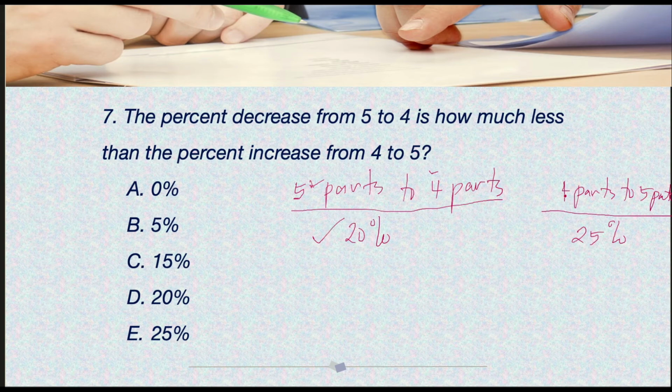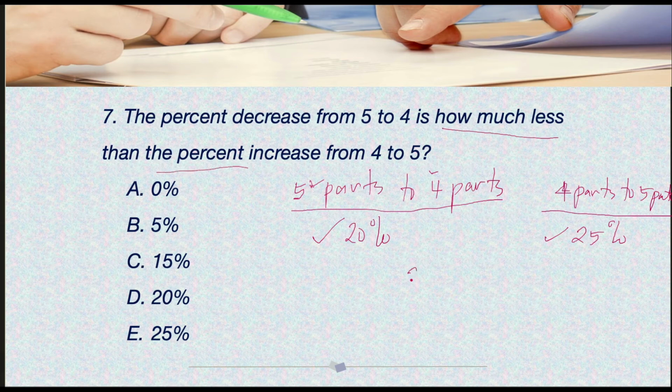But when you started from 4 parts to 5 parts, so 100% divided by 4 is 25, so 25% represents 1 part. So if you will increase that to 5 parts, it will increase 25%. So the decrease is 20% from 5 to 4, but the increase is 25% from 4 to 5. But the question is, how much less than the percent increase?